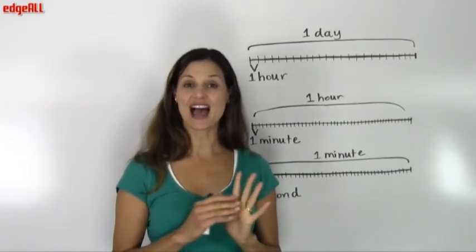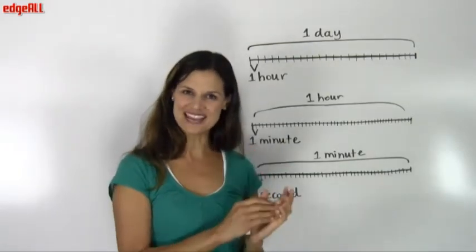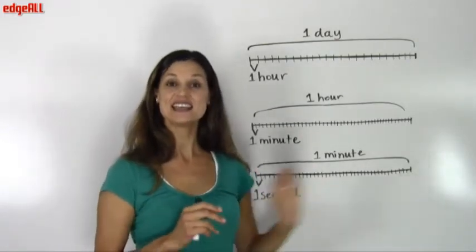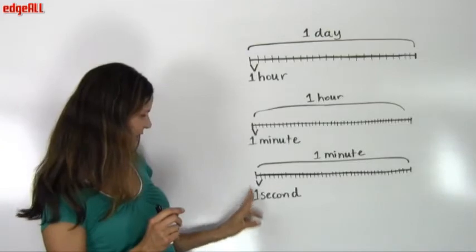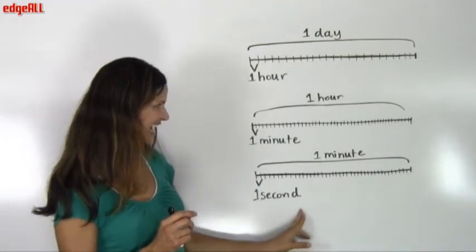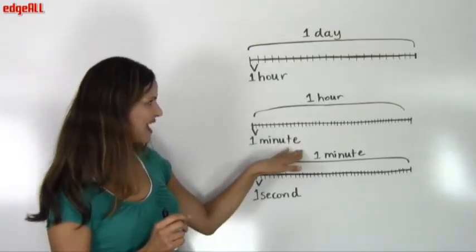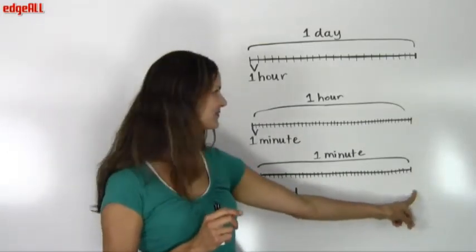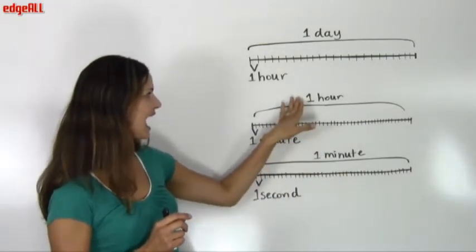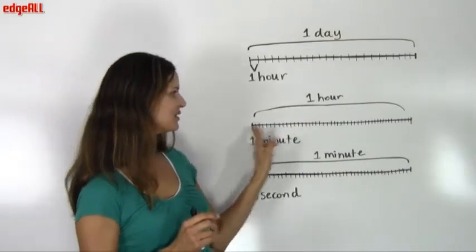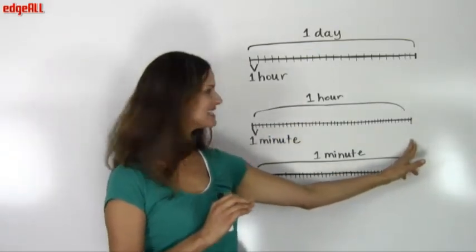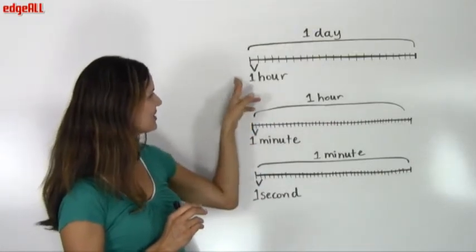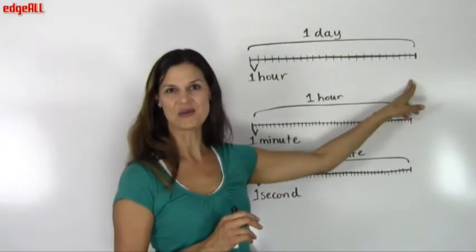Similarly, if you divide the length of 1 minute into 60 equal sections, the length of each section represents 1 second. So 1 minute is equal to 60 seconds, and 1 hour is equal to 60 minutes, and 1 day is equal to 24 hours.